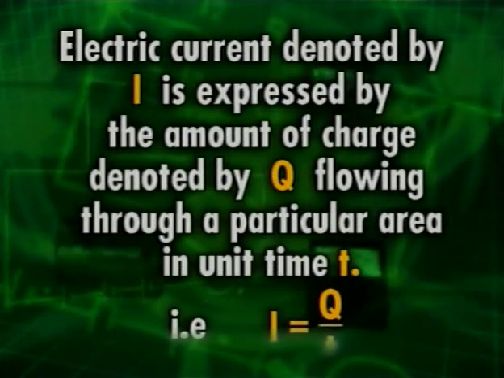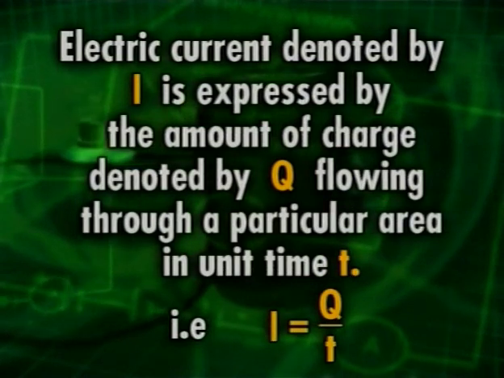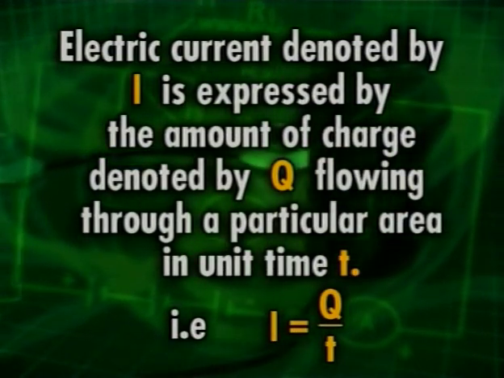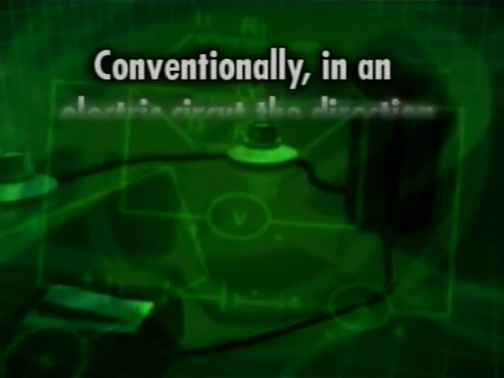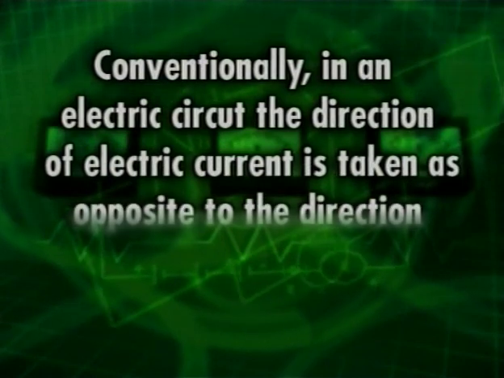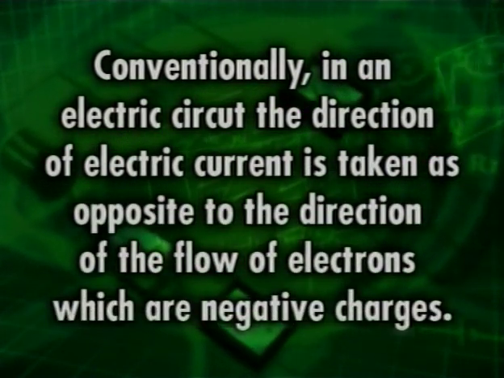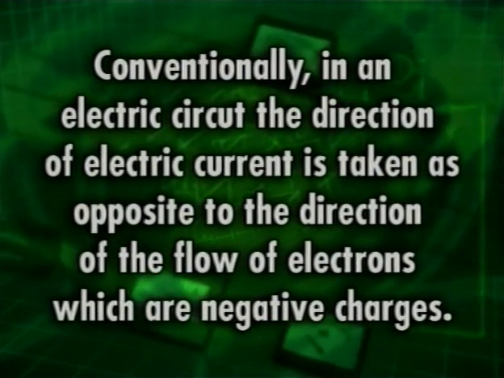That is, I is equal to Q by t. Conventionally, in an electric circuit, the direction of electric current is taken as opposite to the direction of the flow of electrons, which are negative charges.